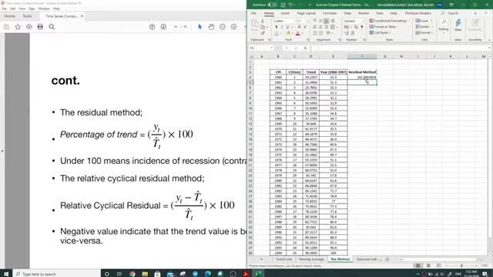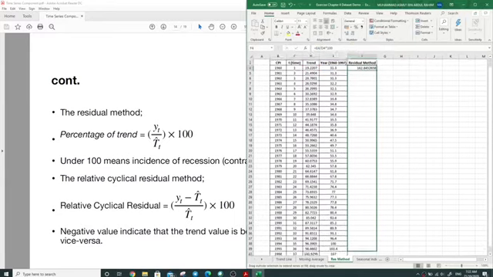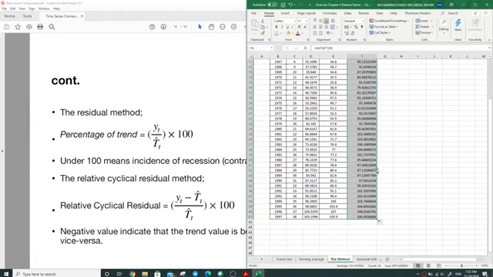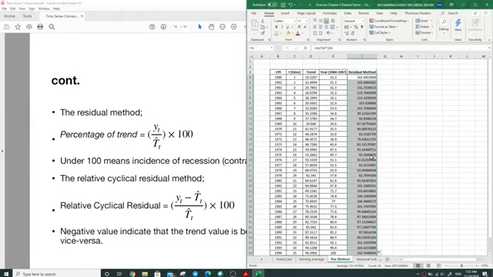Then you drag. Since we use the percentage, over 100 means that there is an expansion.